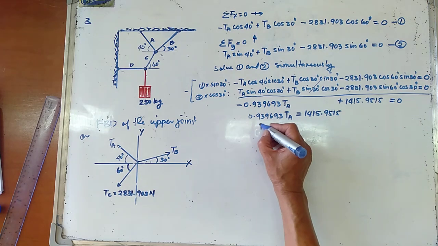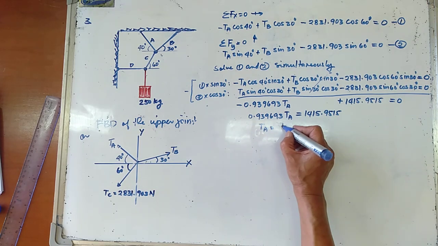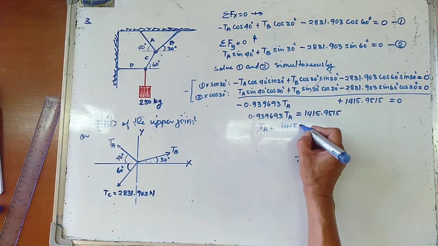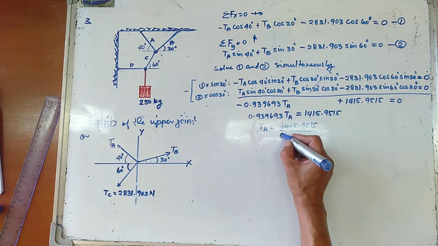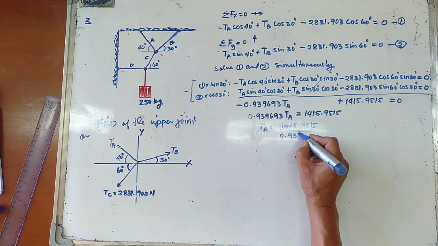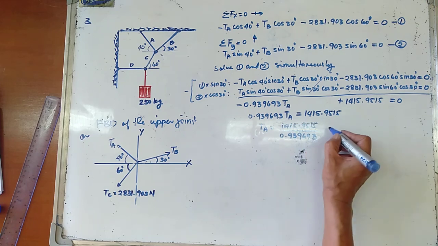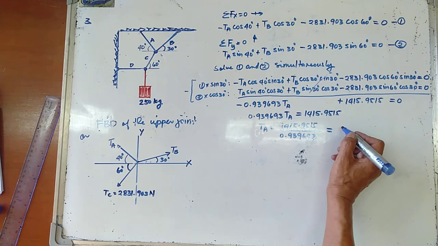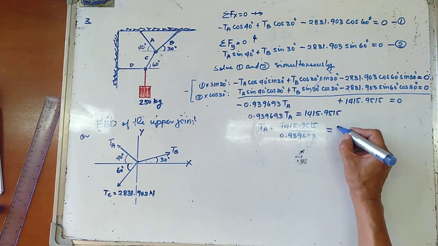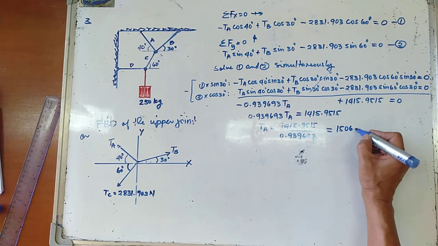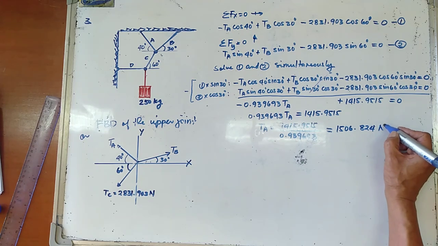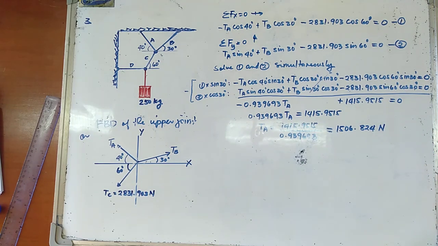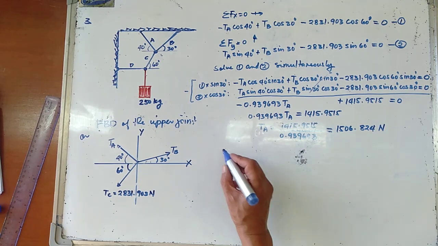So your TA is now equal to 1415.9515 over 0.939693. So the value of TA is 1506.824 newtons.